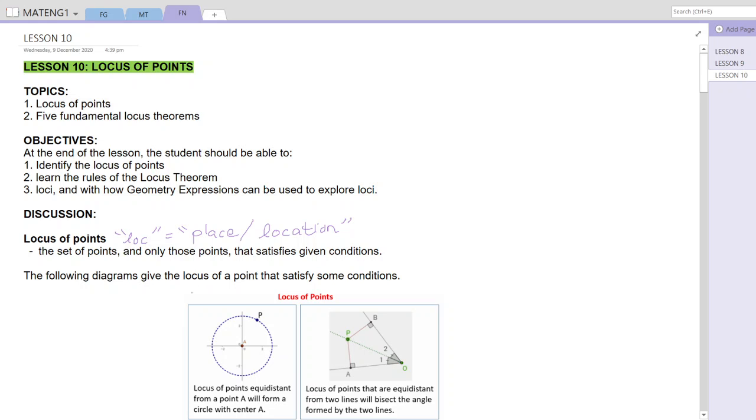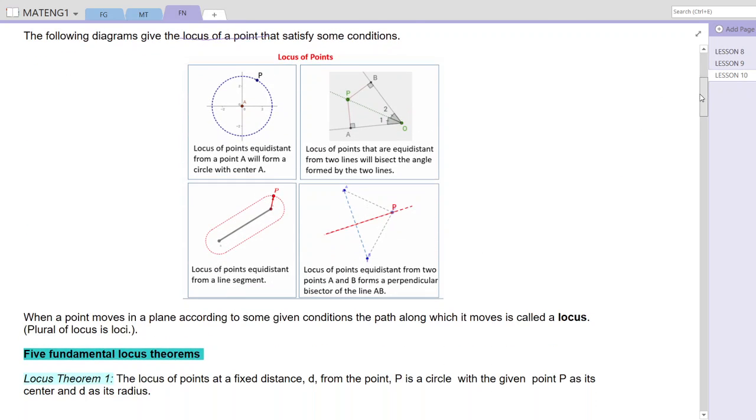The following diagrams give the locus of points that satisfy some conditions. We have four examples. For the first one, the locus of points equidistant from a point A will form a circle with center A. So that is a given point, and the locus of points forms a circle.